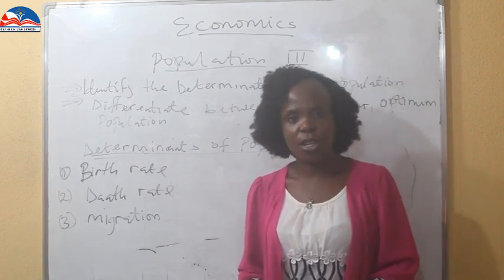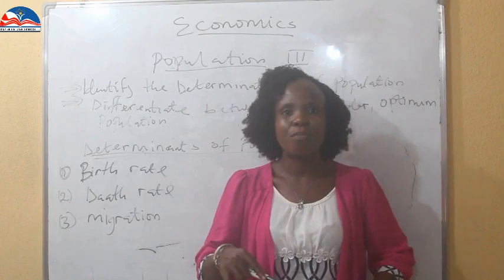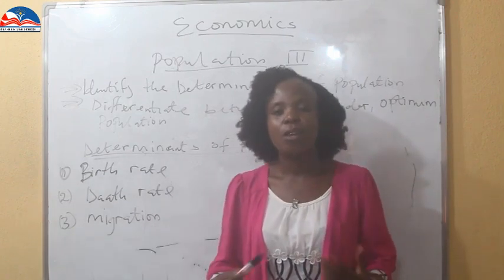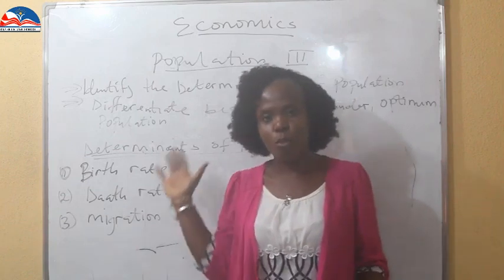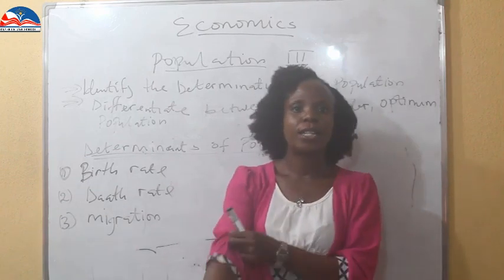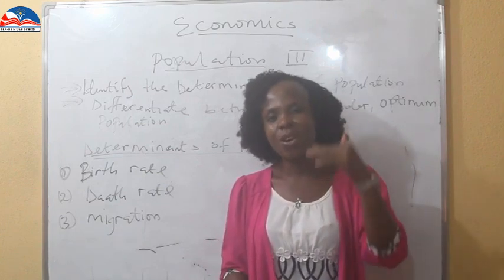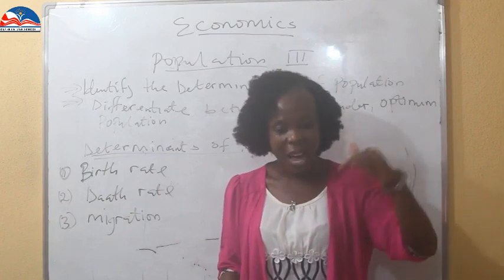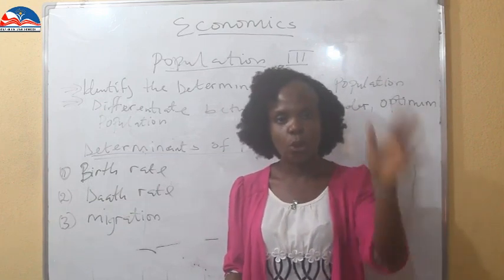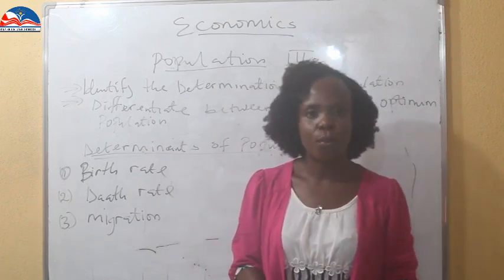If the number of children being born is higher than the people who are dying off, the population of the country is going to skyrocket because more numbers are coming in and the decreasing number is less. So birth makes a population increase.